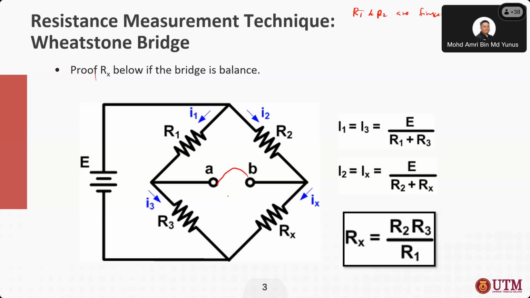Initially there is a galvanometer here, G, and R3 can be a variable resistor, and Rx is unknown.